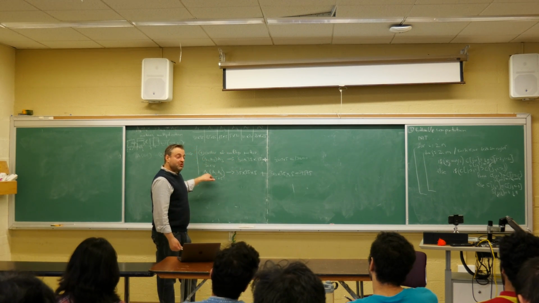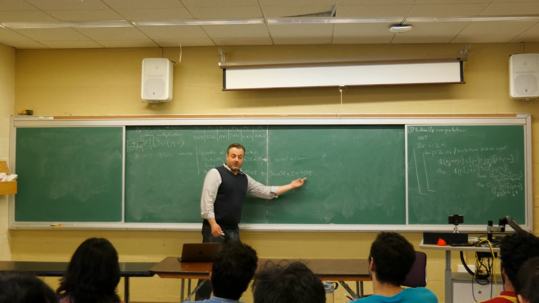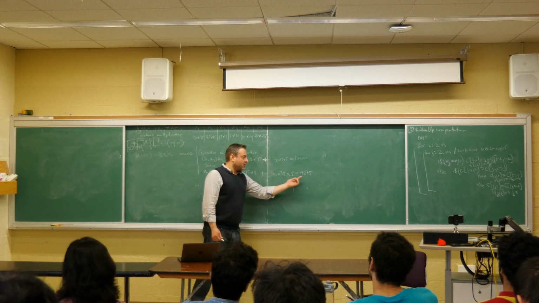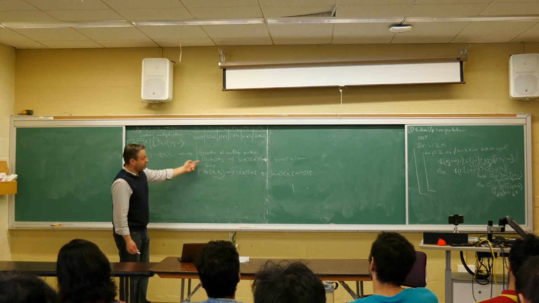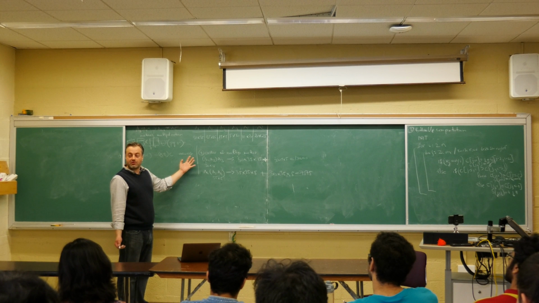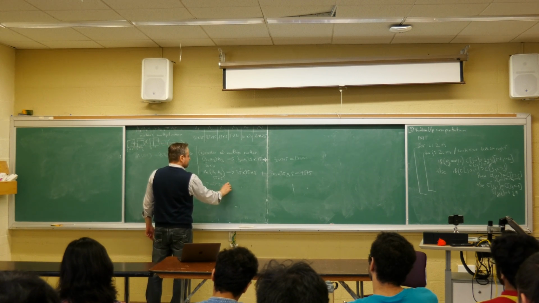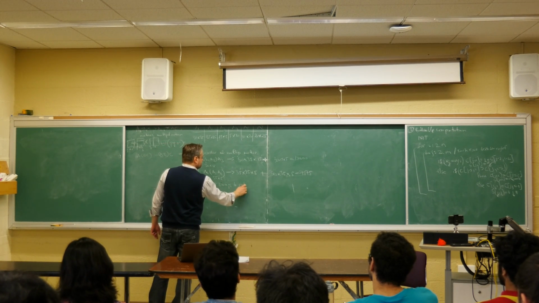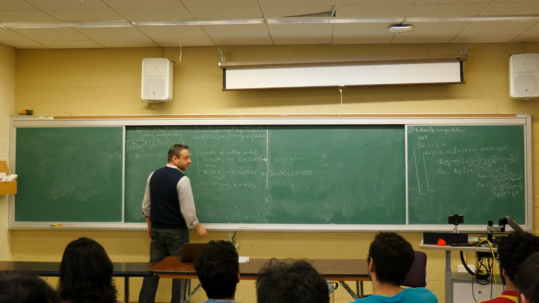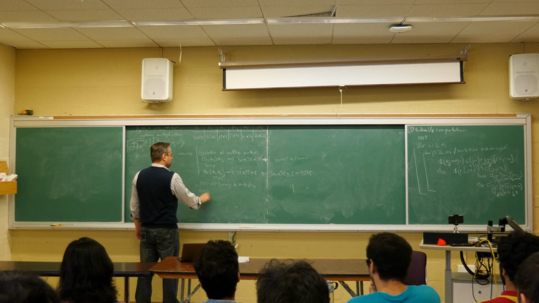So if I know in which order to do it, I do fewer operations. If you have 3 matrices, how many ways do you have to multiply them? For n equal 3, there are 2 ways to multiply. How about n equal 4? What can I do?